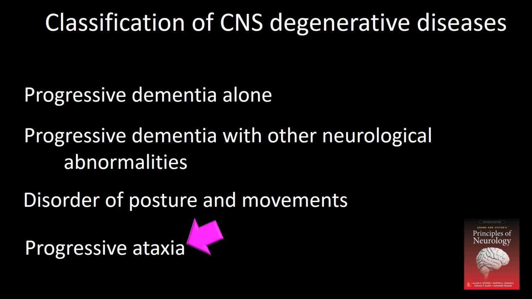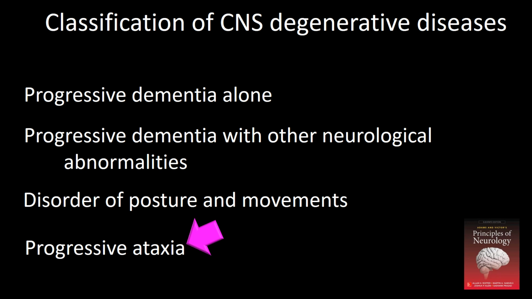The last group of CNS degenerative diseases consists of progressive ataxia. Progressive ataxias are classified in many different ways. One way is to use the mode of inheritance followed by a number. Another way is to use the area involved anatomically followed by a number.